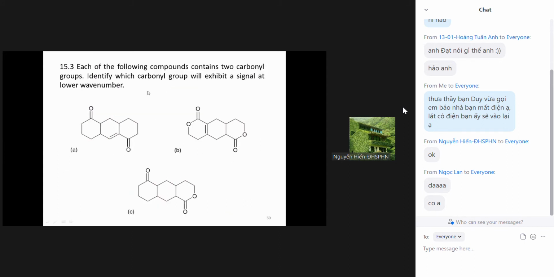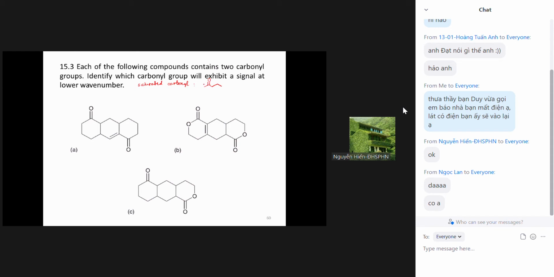Okay, so each of the following compounds contains 2 carbonyl groups. Identify which carbonyl groups will exhibit signals at lower wave number. So this exercise is to review saturated and unsaturated conjugated carbonyl compounds. If you remember, saturated ketones have these structures.